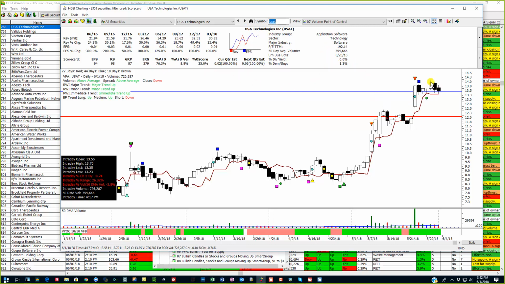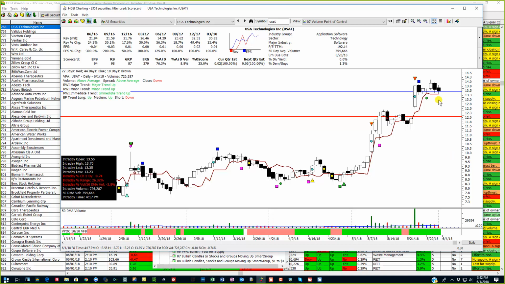Okay, this is USAT. Application software. I bought it the other day, got stopped into it. I'm behind on it a little bit. I didn't sell it yesterday. It's struggling, but notice that it's still above the 10-period volume point of control. It's still green down here. I will make a decision on this stock probably at the end of each trading day.